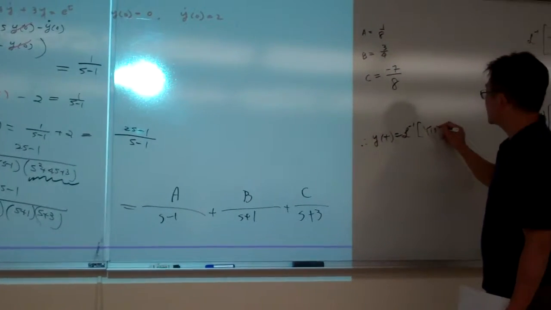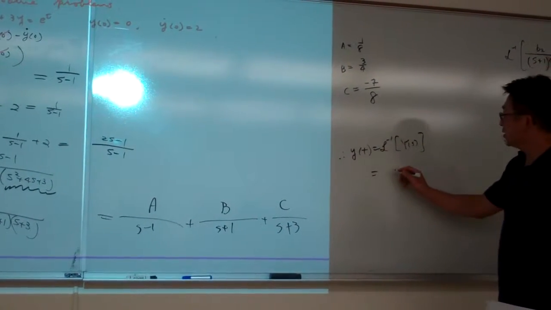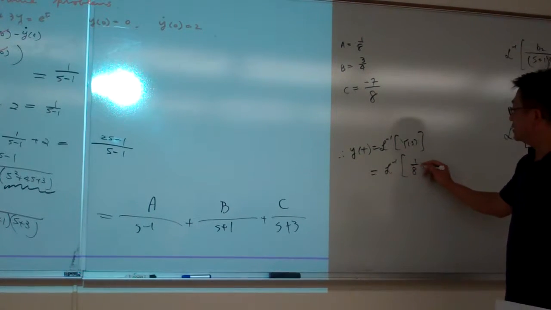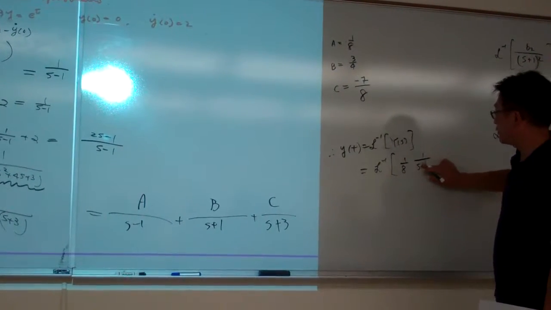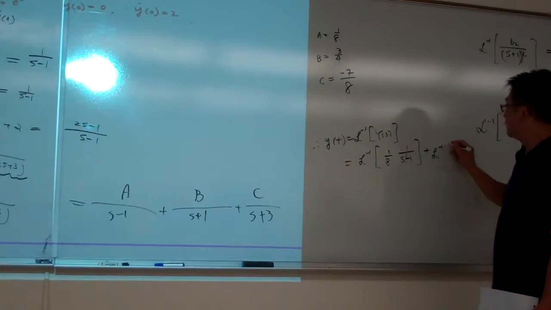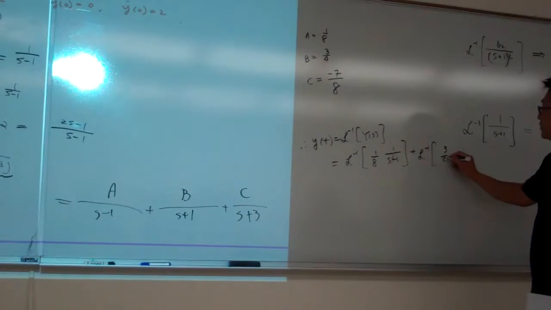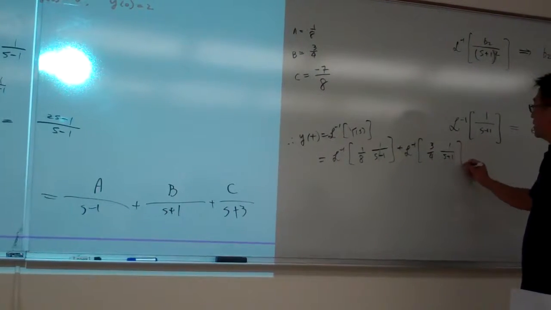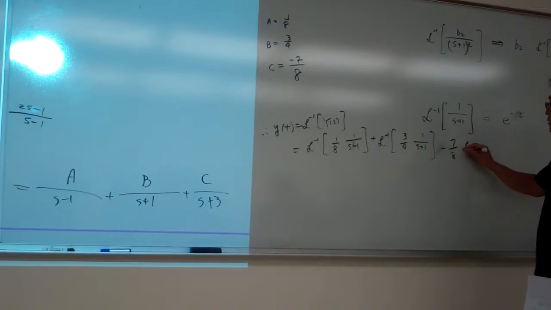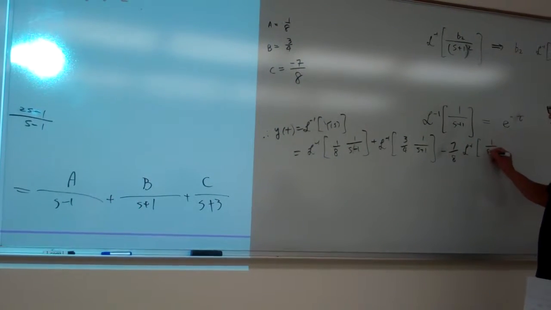simply as the inverse Laplace transform of Y of s. That means the inverse Laplace transform of the A term, 1/8 times 1 over s minus 1, and the B term, 3/4 times 1 over s plus 1, and minus 7/8 times the inverse Laplace of 1 over s plus 3.